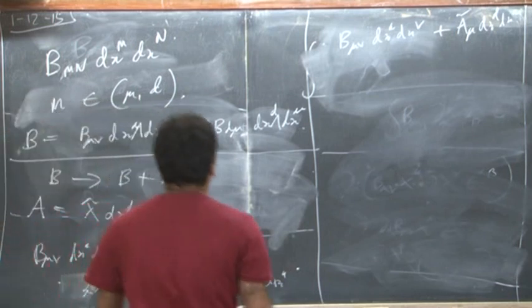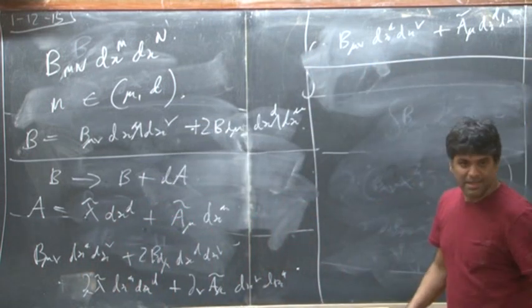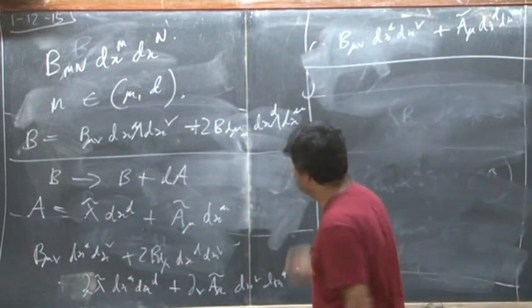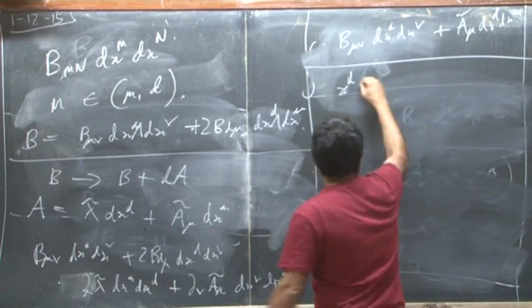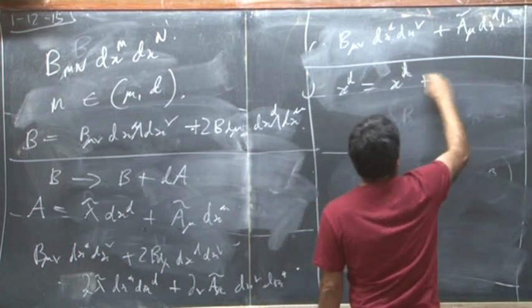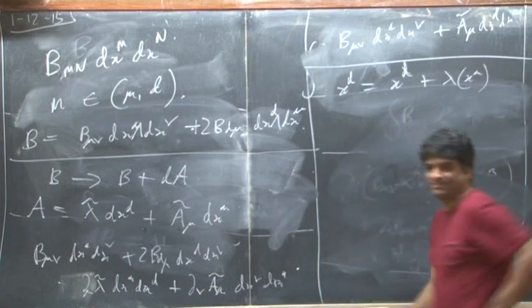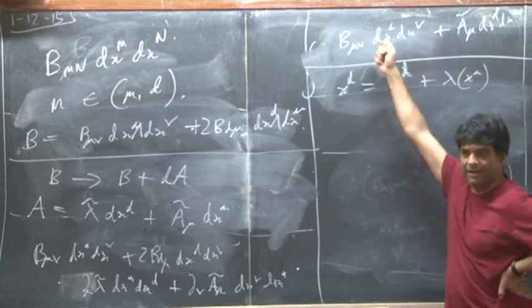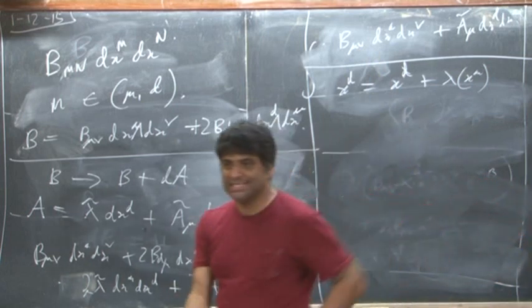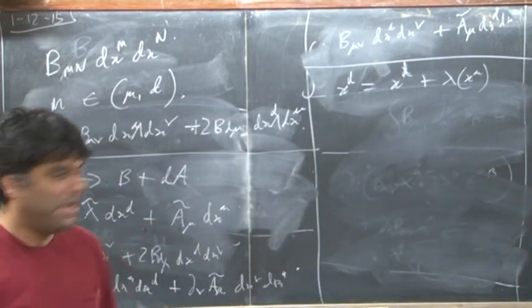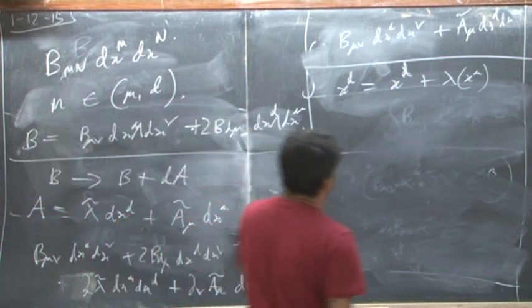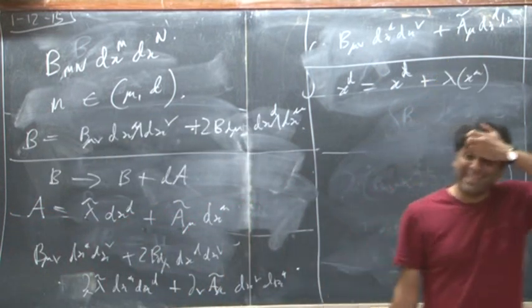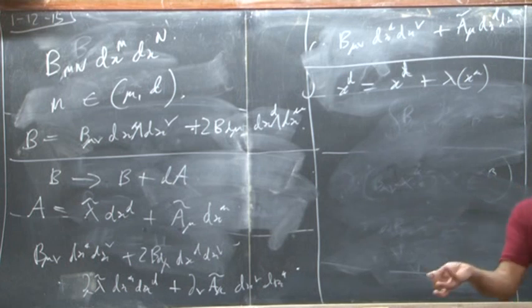Let's remember what that is: x^d goes to x^d plus lambda of x^mu. Because there's no x^d anywhere in B mu nu, it is gauge invariant. But because there is an x^d here, A mu tilde is not gauge invariant. Let's figure out its gauge transformation property.